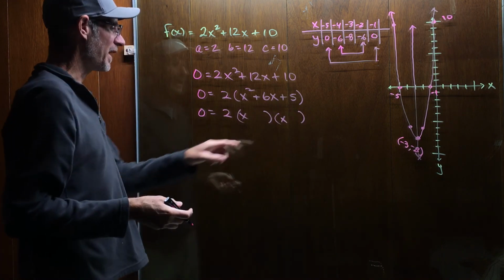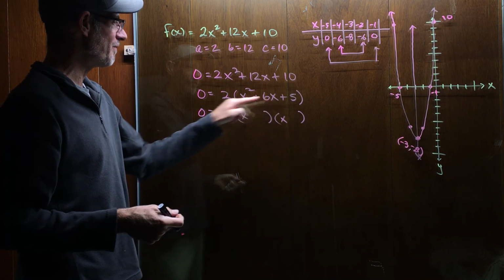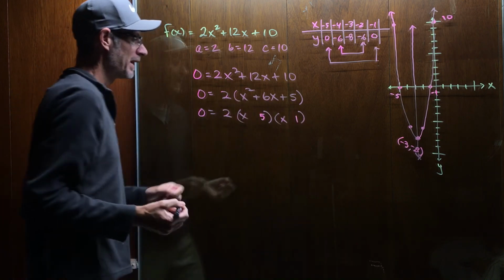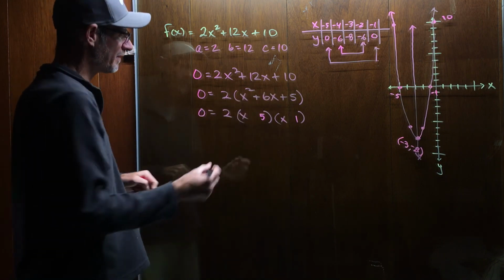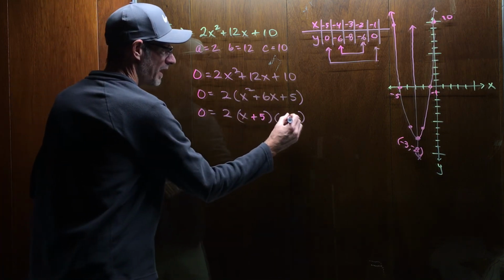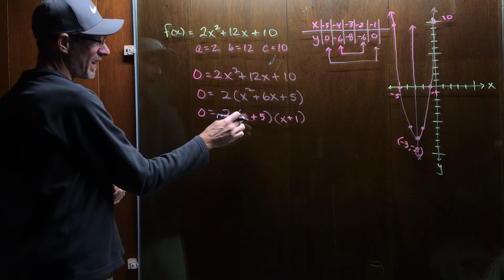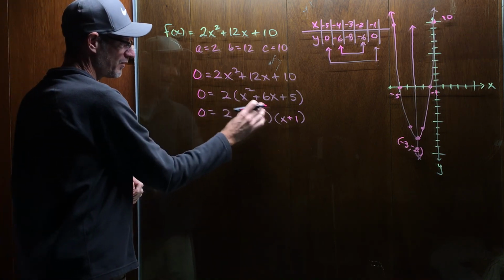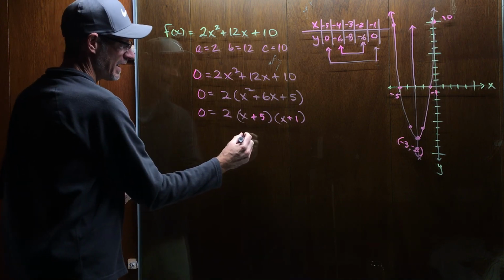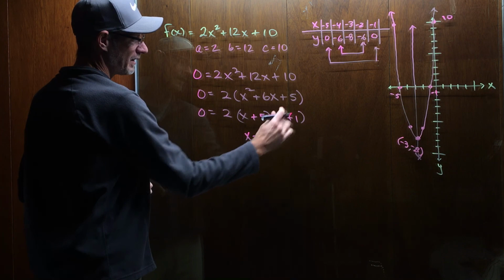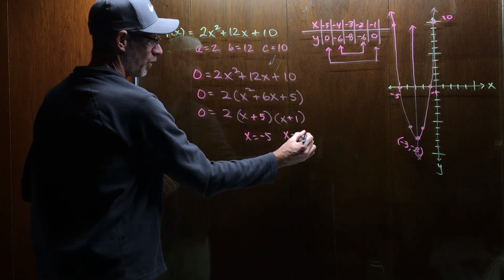So now I need to find two numbers that multiply to 5 but add up to 6. That will be 5 and 1. Since all of my signs are positive, my signs are going to be positive when I put it into intercept form. And the x value that will make this turn into 0 is -5. And the x value that will make this turn into 0 is -1.